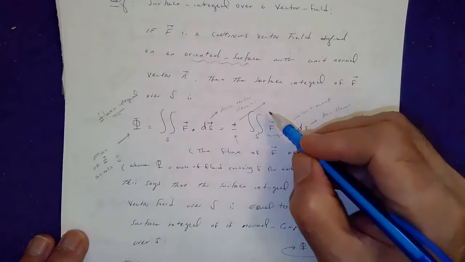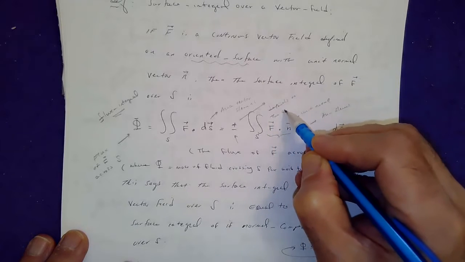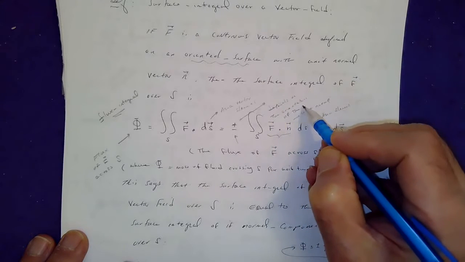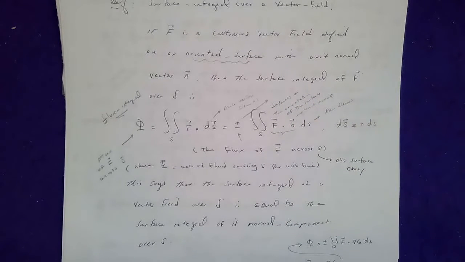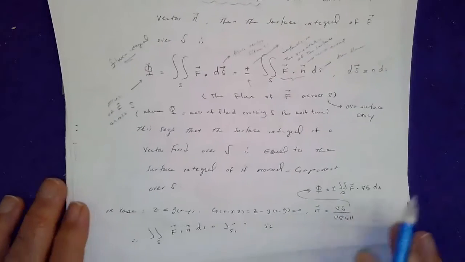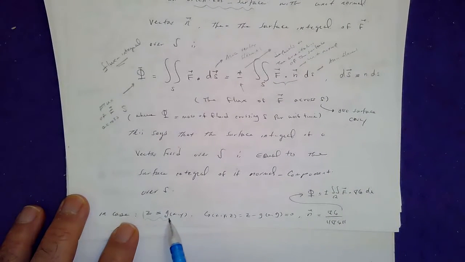So the plus or minus sign solely depends on the orientation of the surface. You know what I mean by that. That means either the normals are pointing outwards or inwards, or upwards or downwards, then you have to select the proper sign. The special case would be when z is explicitly expressed as a function of x and y.